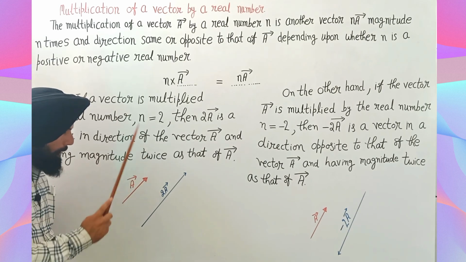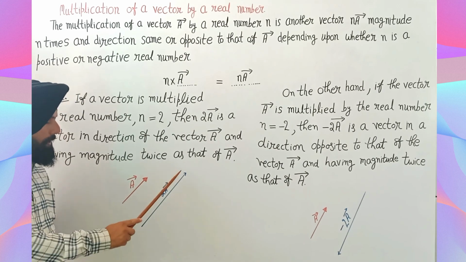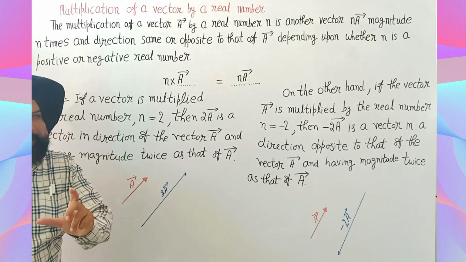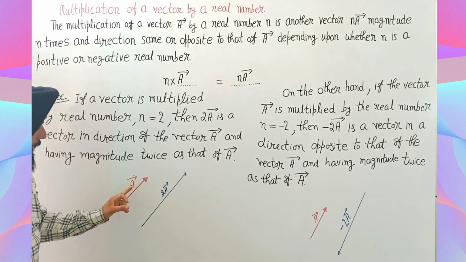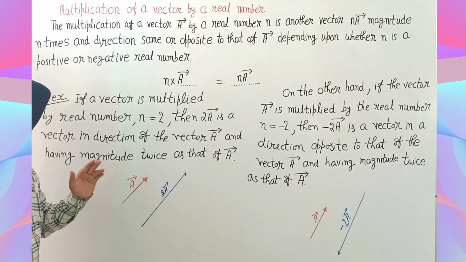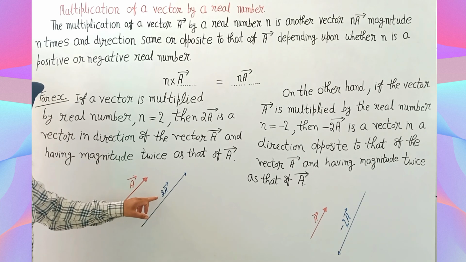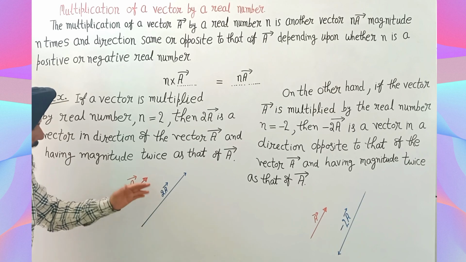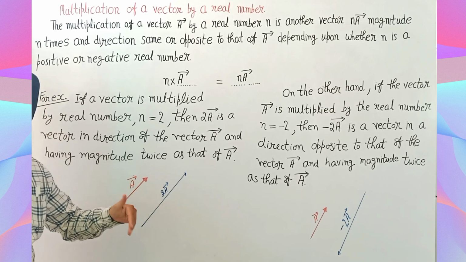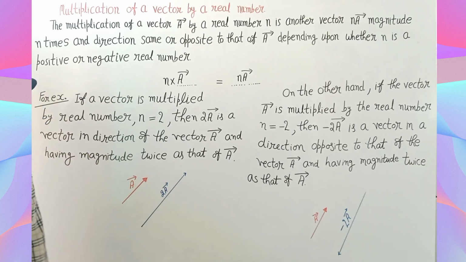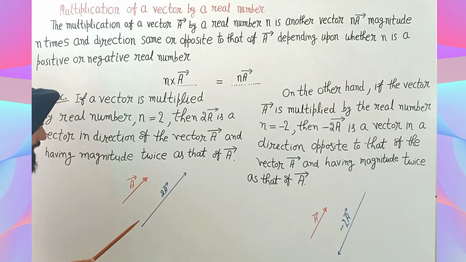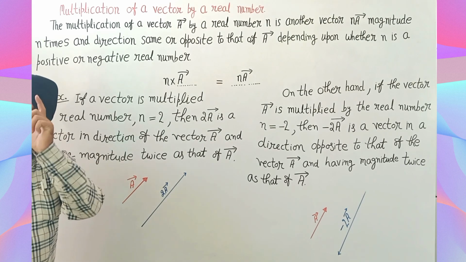Now multiply by 2, it is 30 centimeter in magnitude. Now it is another vector 2A having a magnitude twice, but the direction remains the same.